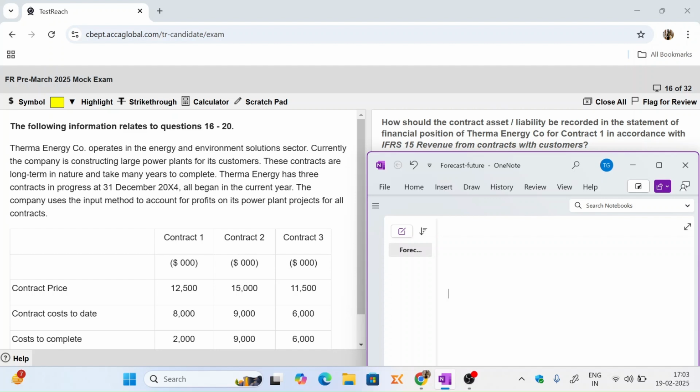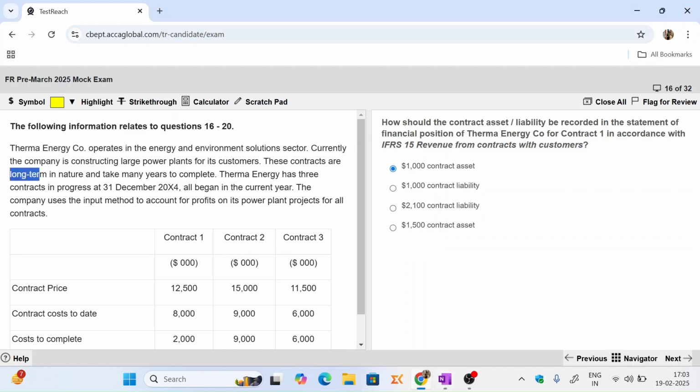Therma Energy Company operates in the energy and environment solutions sector. Currently, the company is constructing large power plants for its customers. These contracts are long term in nature and take many years to complete. So now we know, because we are talking about long term contracts, this is going to be something relating to revenue recognition, because how do you recognize the revenue when it's long term in nature?